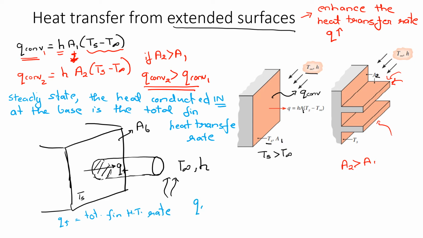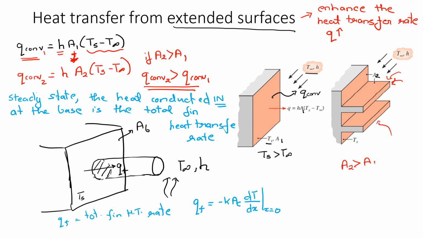and we can write QF as minus K times AC, and I'll define AC just in a moment, dT/dx at x is equal to 0.